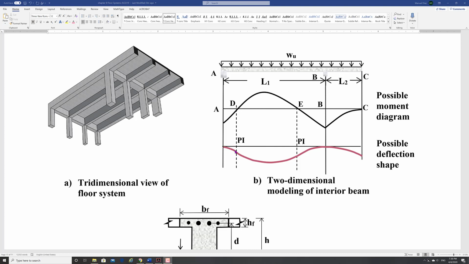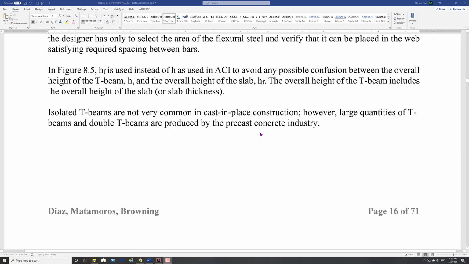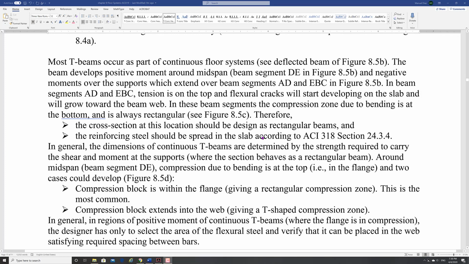So you got a curvature going this way, then it changes curvature, and then it changes back again. So that gives you a possible deflection shape. It's not the exact value, but at least you have an idea of what it may be. And that's what we're showing on that figure.